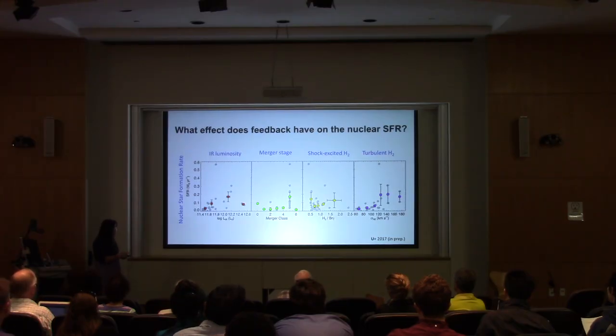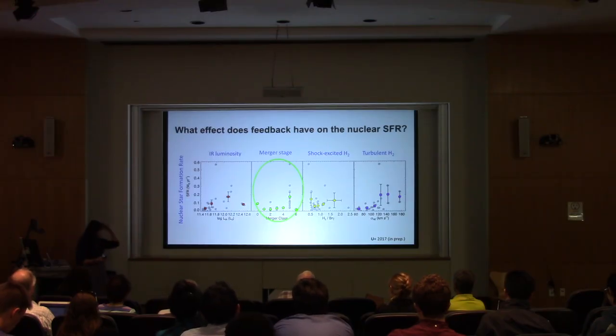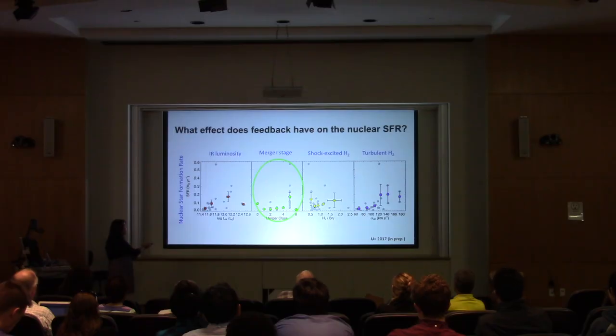I'd like to draw your eyes to, for instance, the merger class, where we've roughly divided it based on visual classification, going from widely separated binaries all the way to late-stage mergers. And what we see is an enhancement in the nuclear star formation rate at these late-stage mergers.